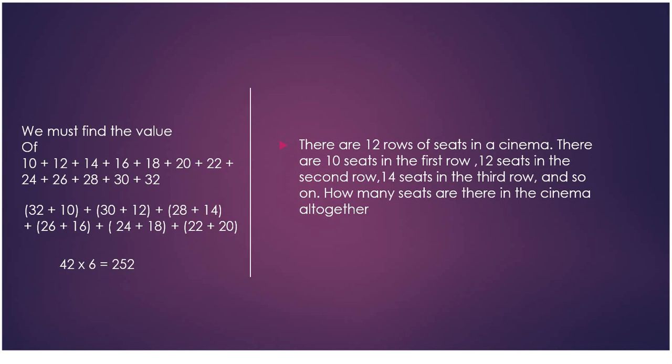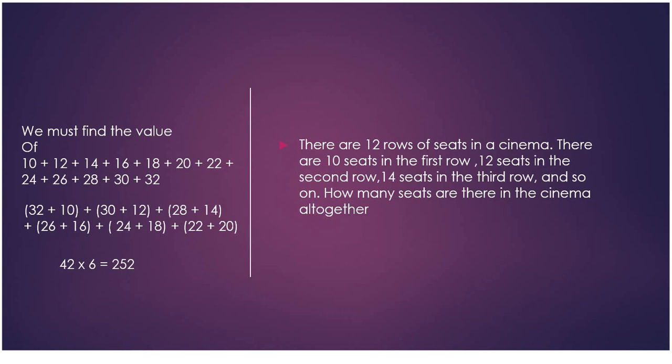So what's the answer? It is 42. So how many number pairs would we have here? 32 plus 10, 30 plus 12, 28 plus 14, 26 plus 16, 24 plus 18, 22 plus 20. How many? 2, 3, 4, 5, 6.